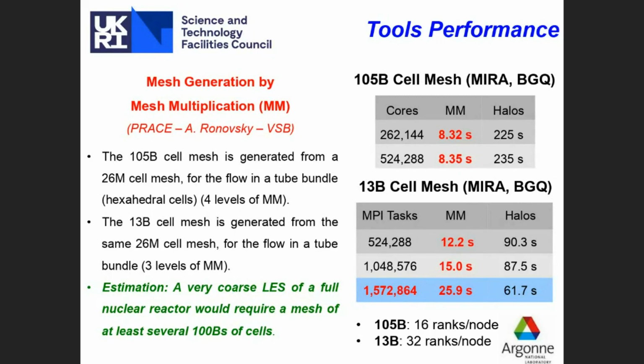For the mesh generation, we ran on up to one third and two thirds of the machine, and it was taking 8 seconds to run 4 levels of refinement. It's extremely fast, if you compare it to copying a file across, which is nearly impossible, and then reading and writing on the disks. It only corresponds to 1 time step in terms of simulation, which is nothing.